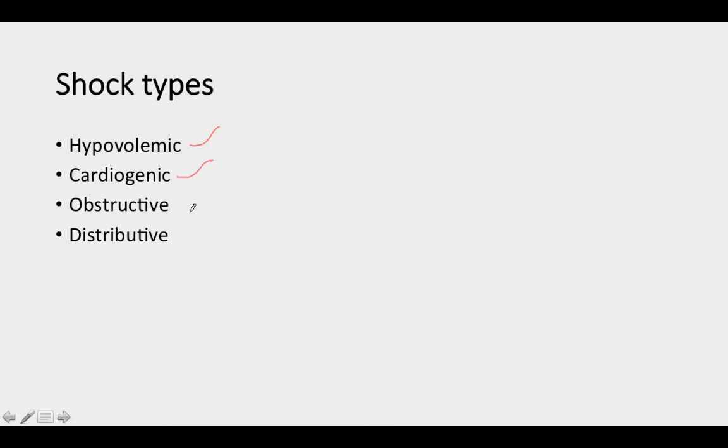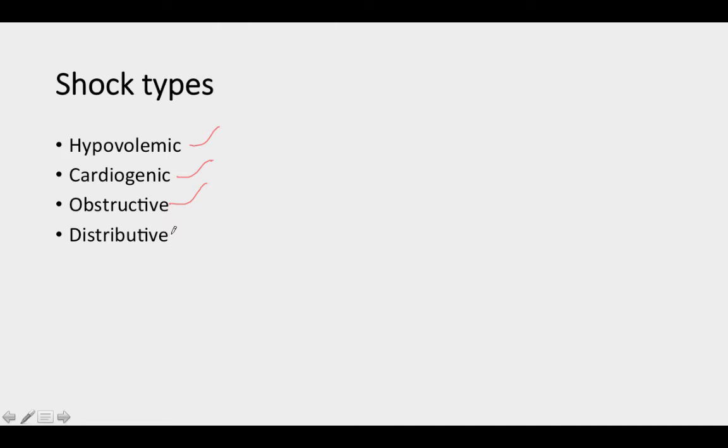The next thing is the heart needs to be able to pump against the load it's pumping against. And if the load is too high, in the case of a big pulmonary embolism or a tension pneumothorax or a pericardial tamponade, then you have an obstruction to blood flow or an obstructive shock.